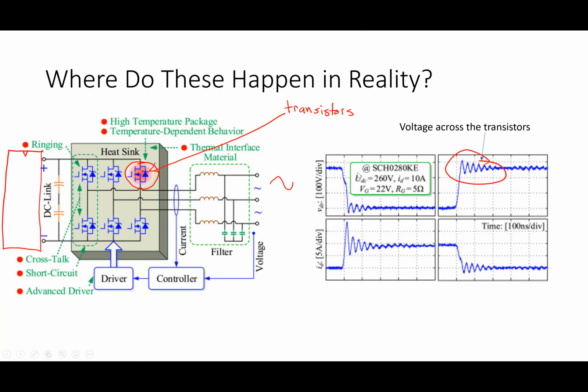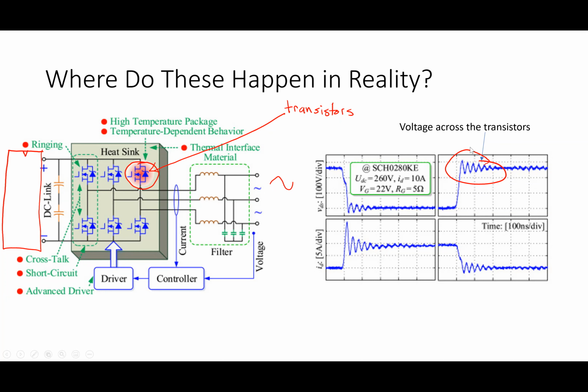I point this out basically to say that second order circuits are pretty common. This is a pretty common circuit, an inverter that goes from DC to AC like this. Switches are pretty common, and transistors, of which we have many in our digital devices, are very common.